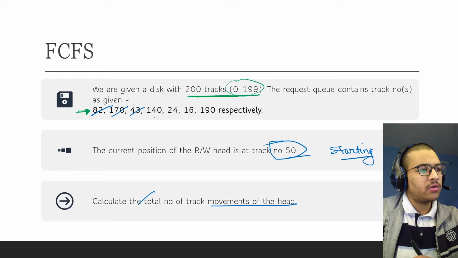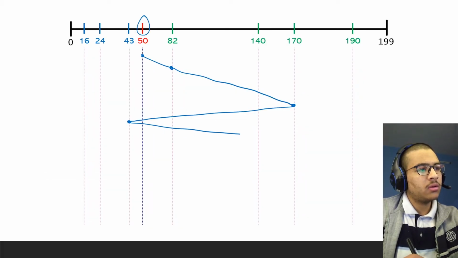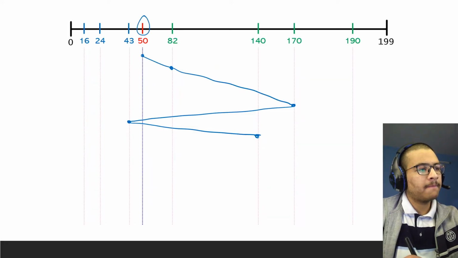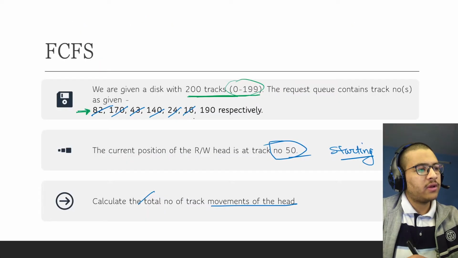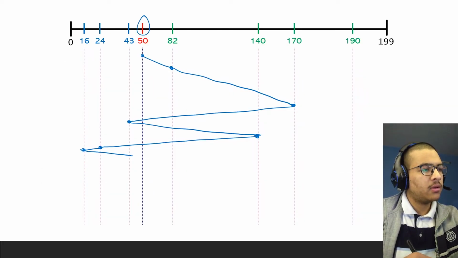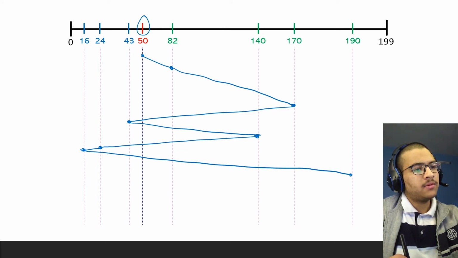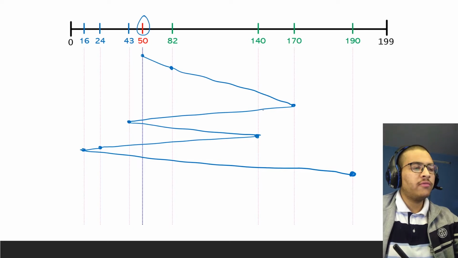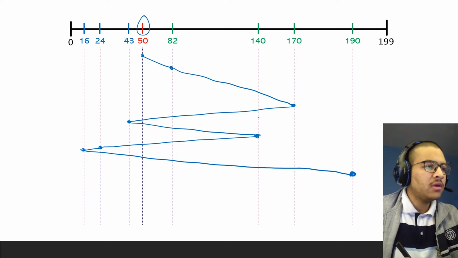Then from 43 to 140. Then from 140 to 24. Then from 24 to 16. And then finally from 16 to 190. So this is the path that our read-write head would follow for the first come first serve sequence.